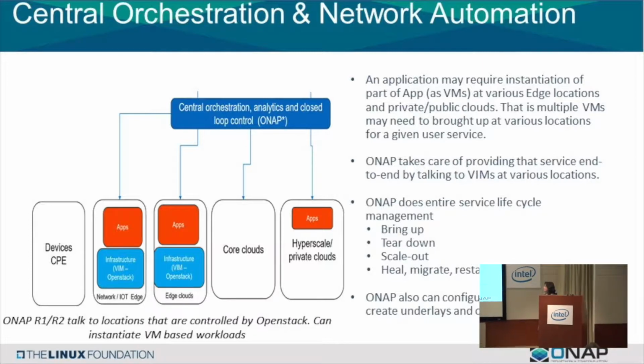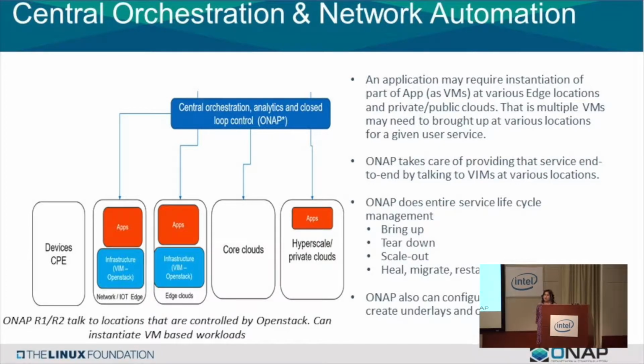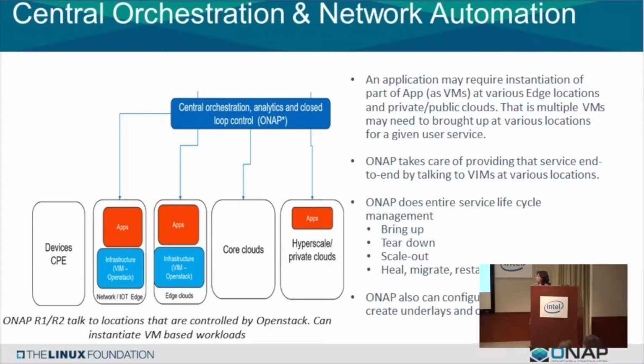So ONAP is able to handle that kind of service, where it is able to decide which part of the service needs to run where, and then do it as a single action. So all these apps that you see are brought up in ONAP as a single action, and it takes care of providing that service end to end, talking to the various VIMs that we have here. There's a VIM running on the edge cloud, and there's a VIM running on the private cloud.